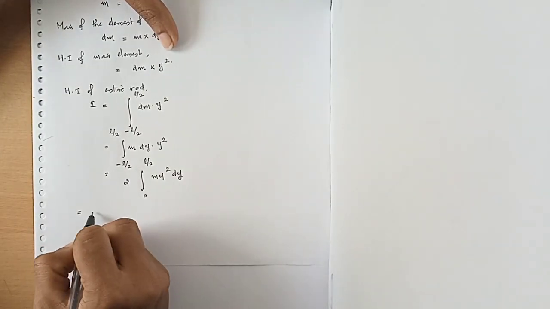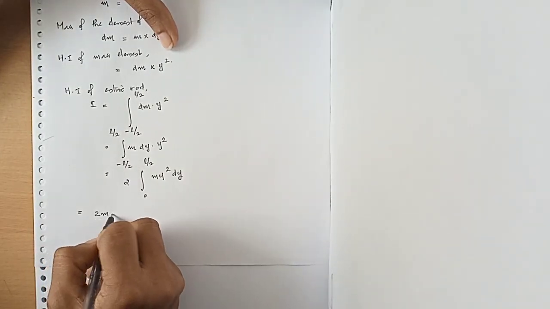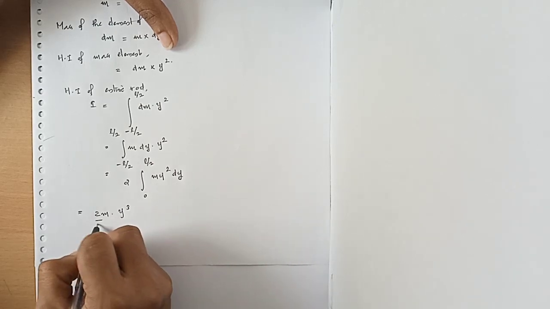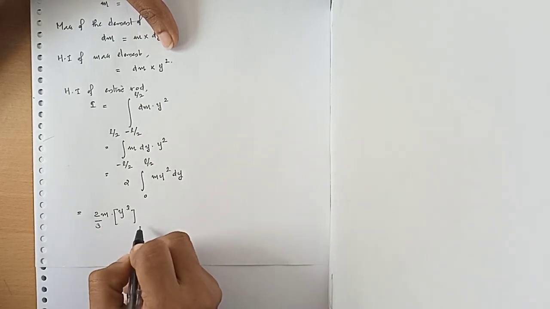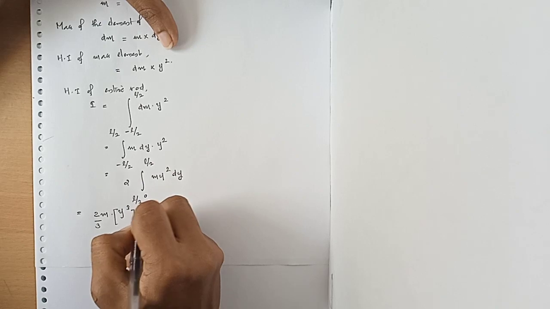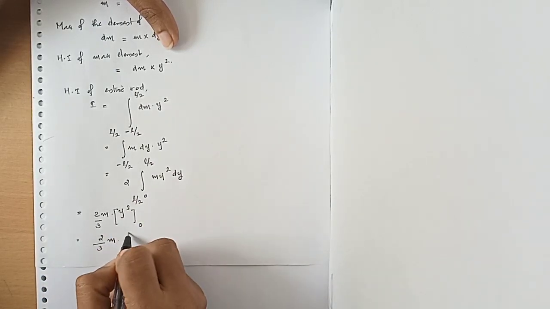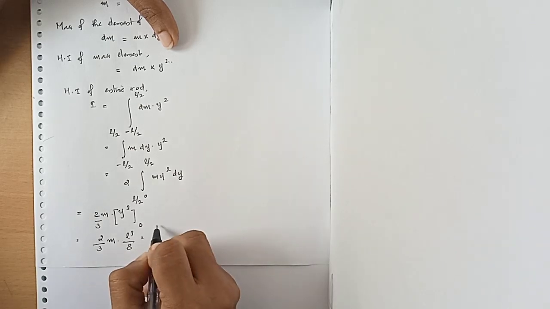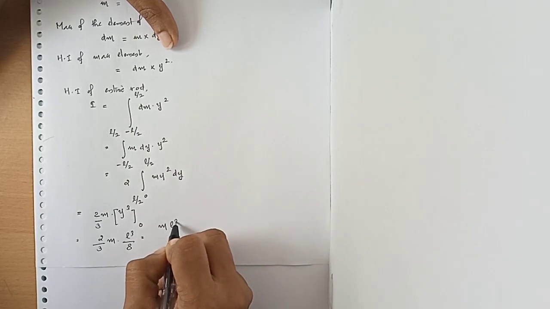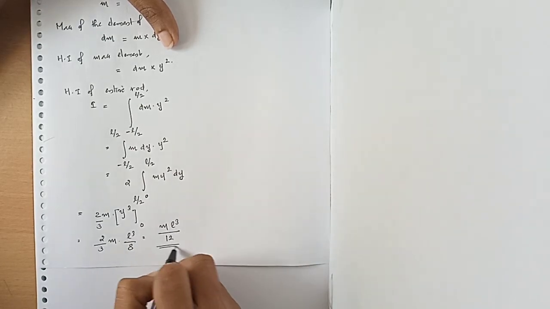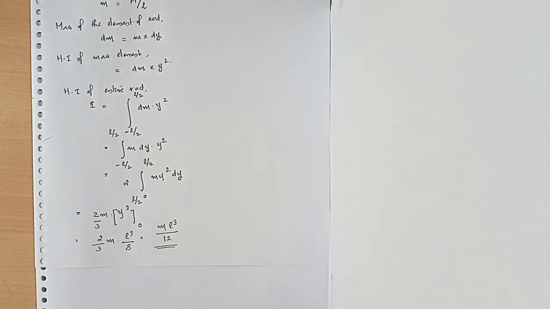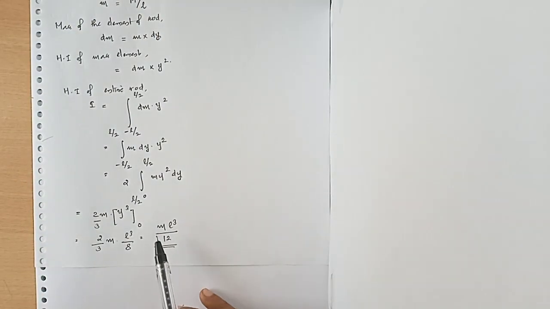On solving this, you will get 2m y cube divided by 3. Applying the integration limits for y, you will get this as 2 by 3 m into L cube by 8, which is m L cube by 12. Now you have got the moment of inertia in terms of small m.